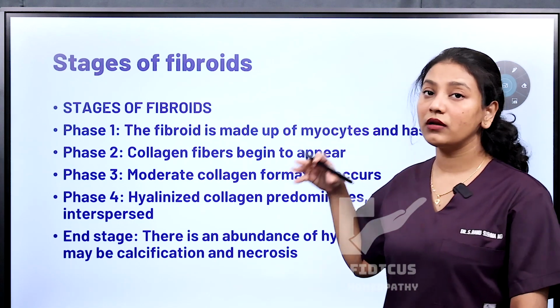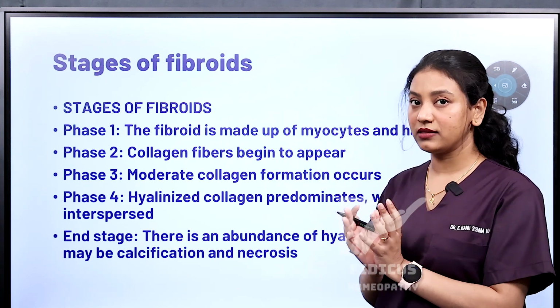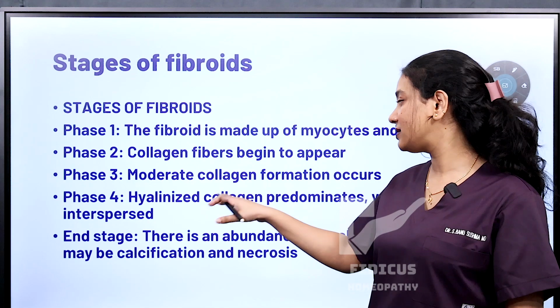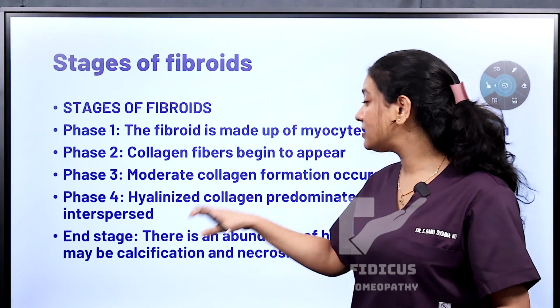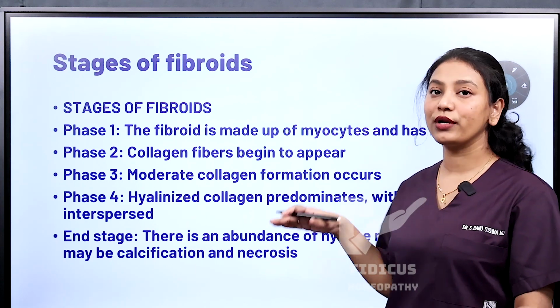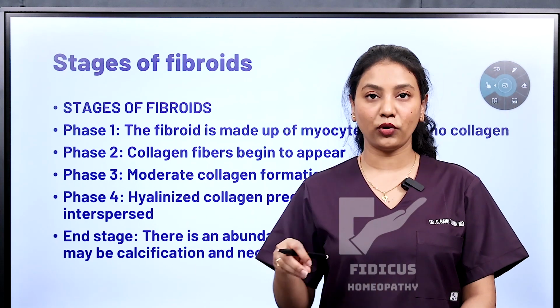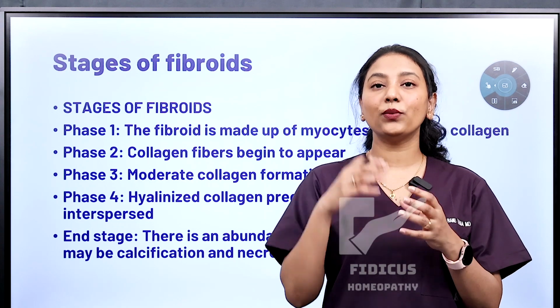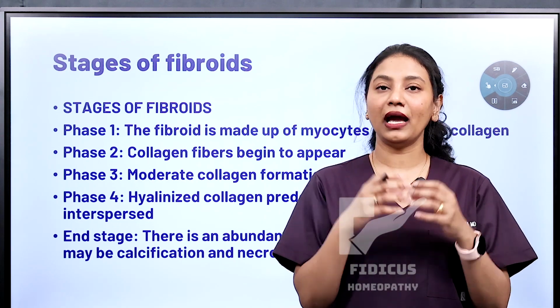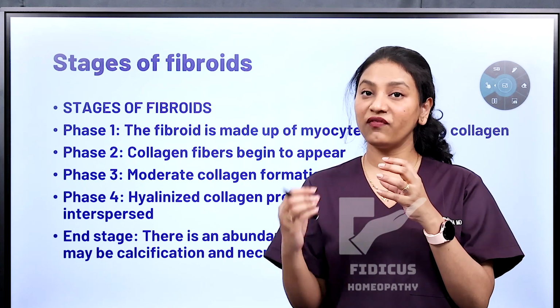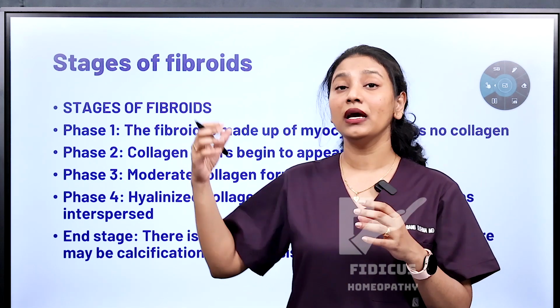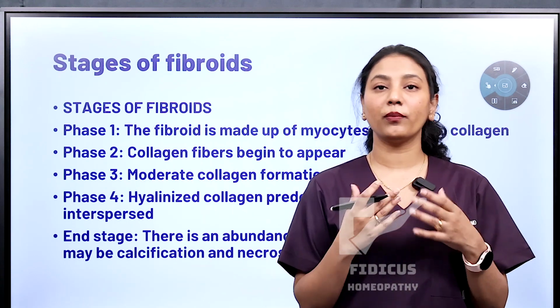If the size increases further, then that will cause hyalinization of the collagen, or hyalinized collagen will be present. And this hyalinized collagen in the end stage can cause necrosis of the fibroid or sudden collapse, where it will outgrow its own blood supply and it will collapse or become necrosed. And this necrosis can cause infection, which can eventually lead to hysterectomy if not given proper medication.